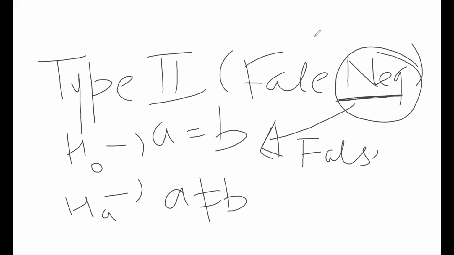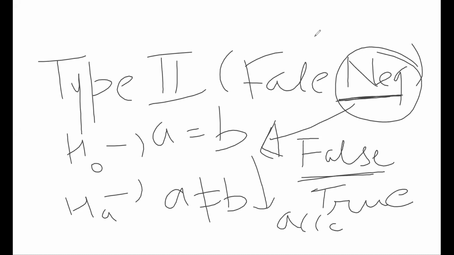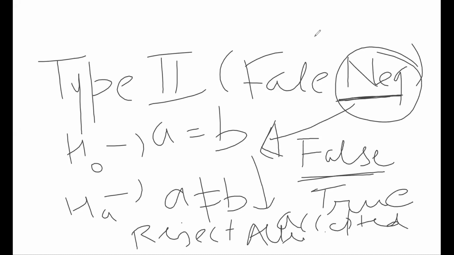But what we have concluded by error is that it is true. That means we have accepted our null hypothesis and we have rejected our alternate hypothesis. So I think this concept would be clear to you.